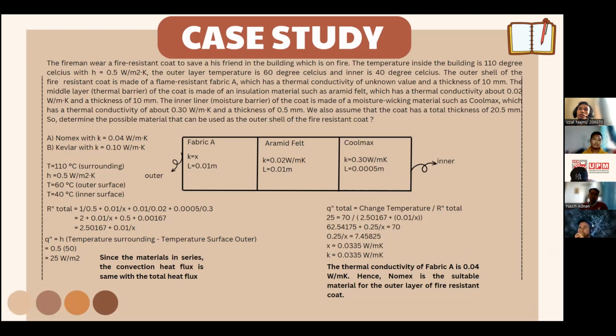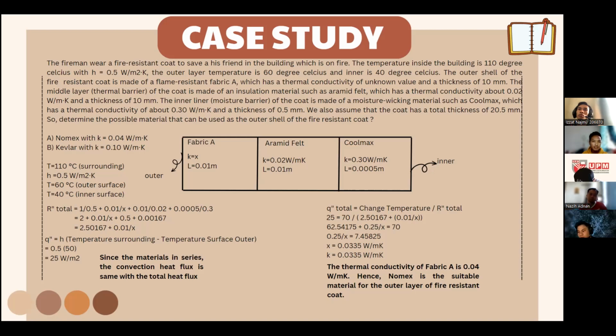The outer shell of the fire resistant coat is made of a flame resistant fabric A, which has a thermal conductivity of unknown value and a thickness of 10 mm. The middle layer of the coat is made of an insulation material such as aramid felt, which has a thermal conductivity of about 0.02 W/mK and a thickness of 10 mm.